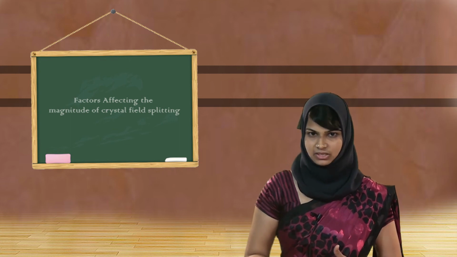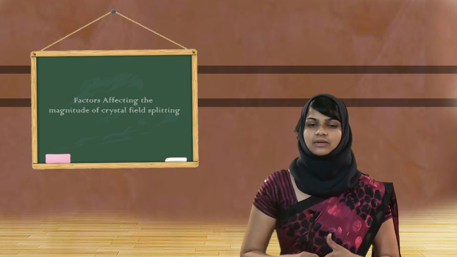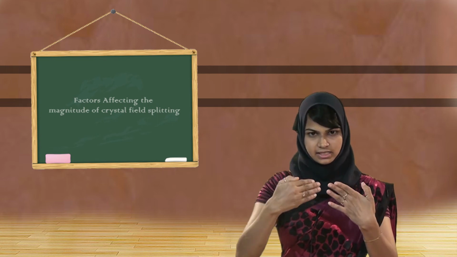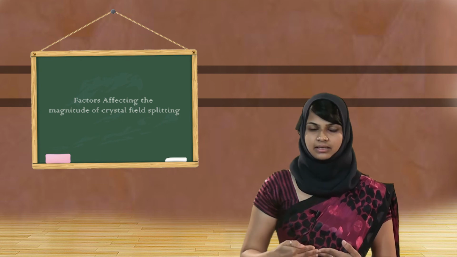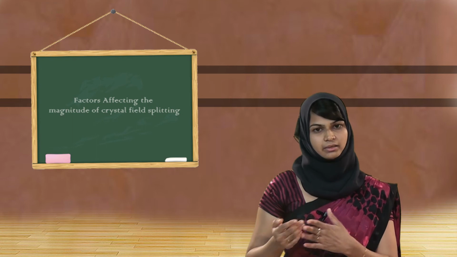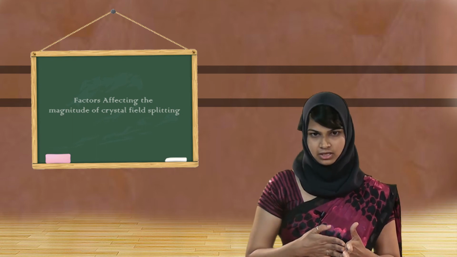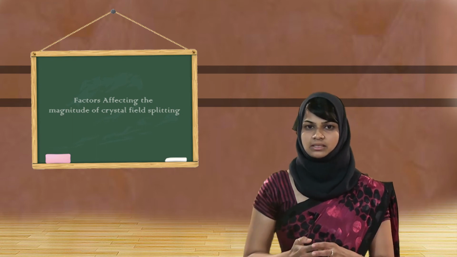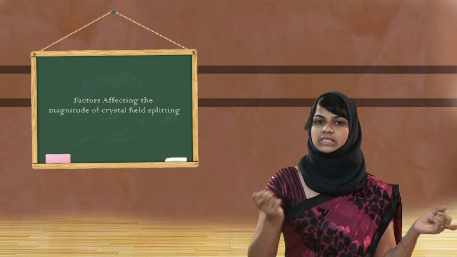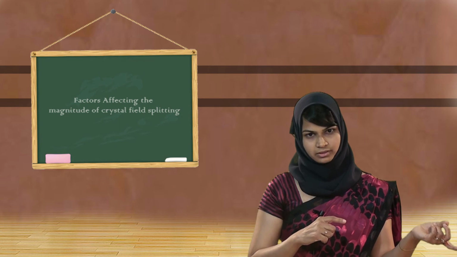If the size increases from 3d to 5d, then it becomes easier for the ligand electrons and the metal electrons to interact. That is to say, the d orbital expands farther into space, and therefore it can closely interact with the ligand electrons.